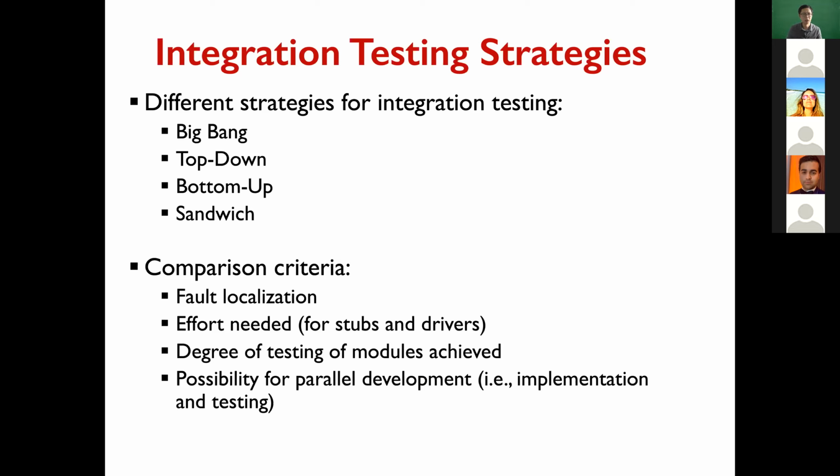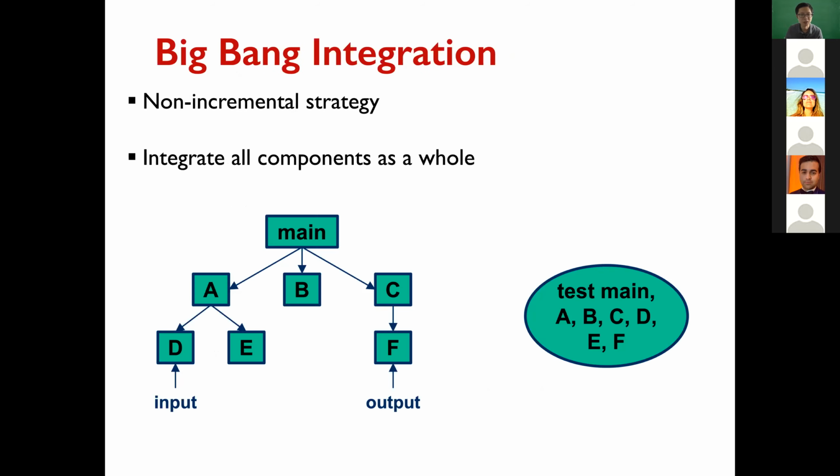Okay, let's look at first big bang integration. Big bang integration is that we test all components as a whole. Here, in this simple example, we just test all the modules. We combine them into a whole system to run a test.